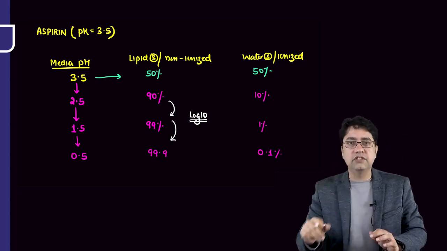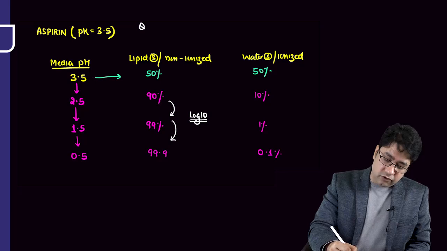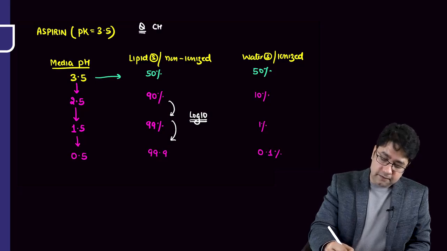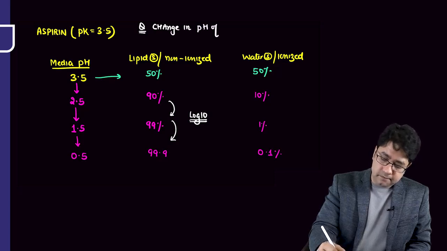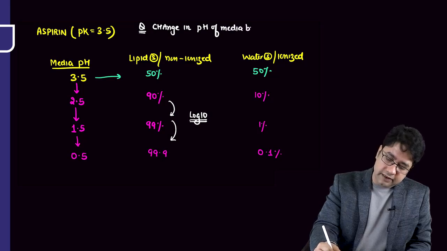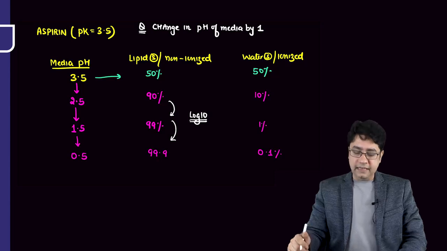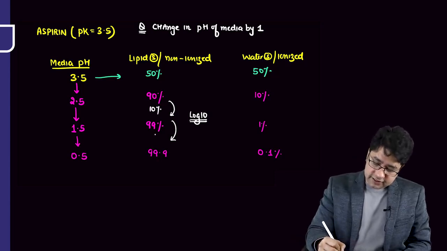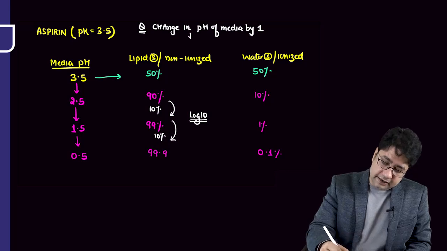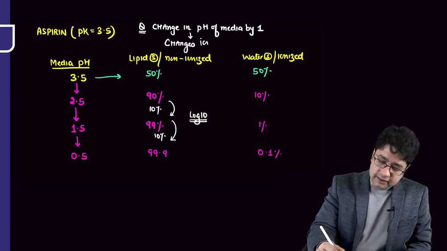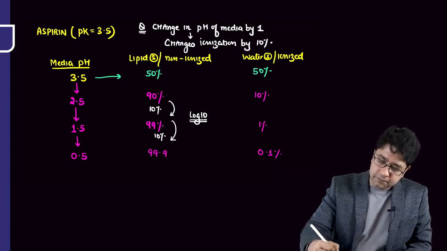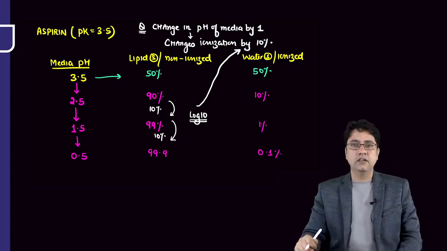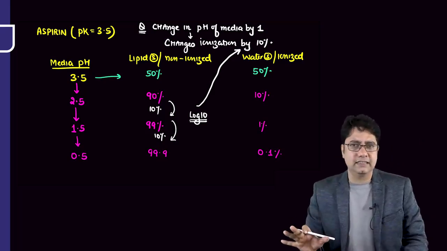So the question which comes, which we have to remember, is that a change in pH of media by 1 changes ionization by 10%. Why 10%? Because of log 10. So just remember this rule, nothing else.